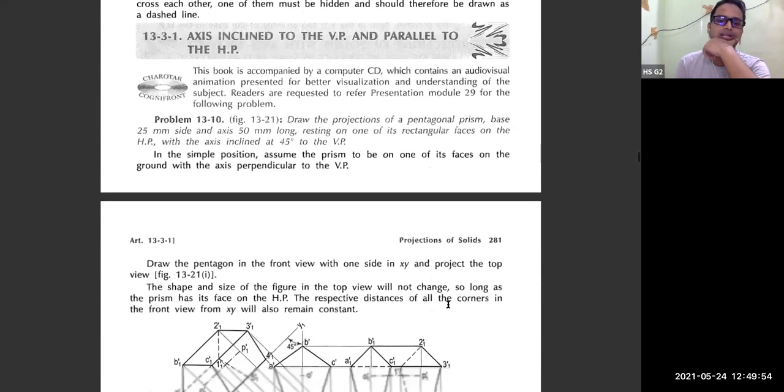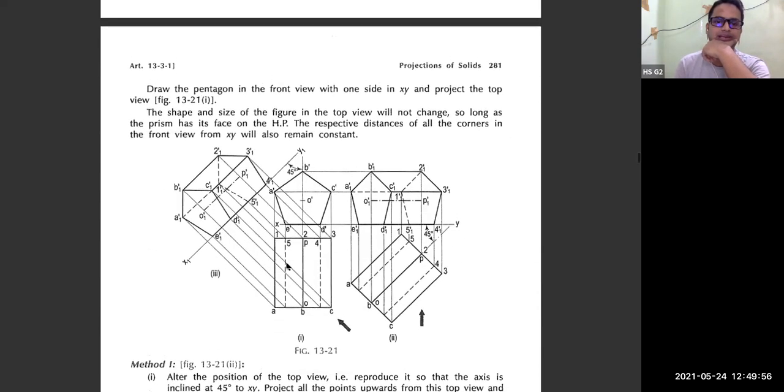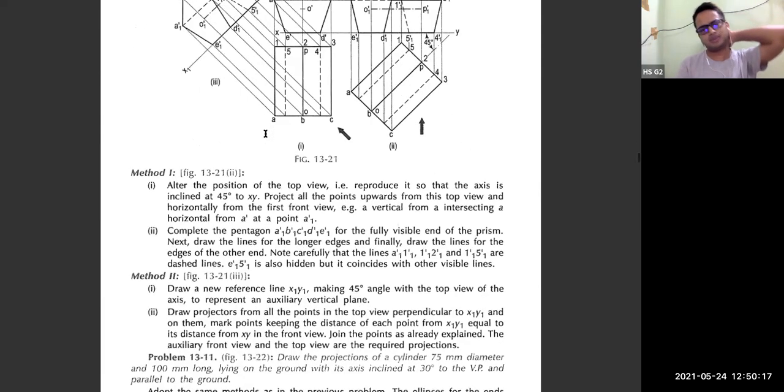I will upload this PDF file in your Canvas, and see, we have done only up to this 45-degree. In this textbook, it is even drawn for one more view. So don't get confused with this view. You can confine yourself only up to this part. Okay, but if you want to study in detail, you can go through this.